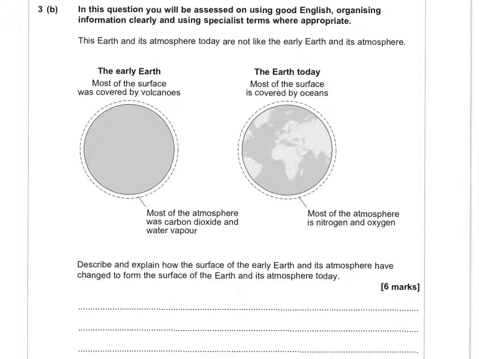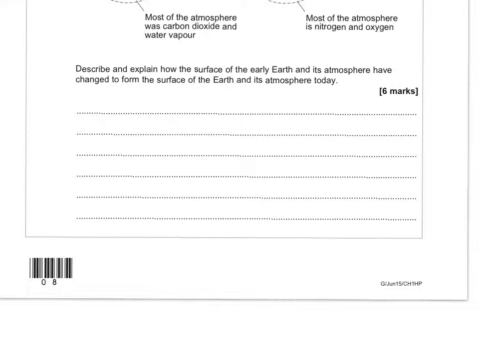If we look at the question, it says describe and explain how the surface of the early Earth and its atmosphere have changed to form the surface of the Earth and its atmosphere today. Okay, so I'm not going to do the whole answer for this, but I'm just going to do a quick plan of how we might want to include the points.